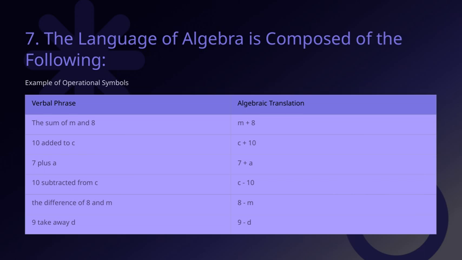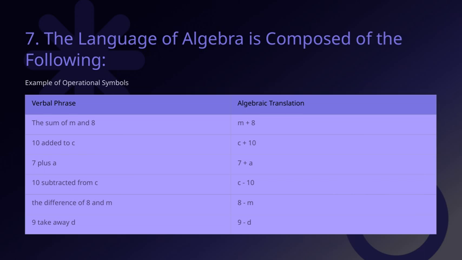Moving on, 10 subtracted from c becomes c minus 10. The phrase subtracted from tells us to perform subtraction, and the order matters, it's c minus 10. Next, the difference of 8 and m is written as 8 minus m. The word difference signals subtraction, and here the order is important. It's 8 minus m.